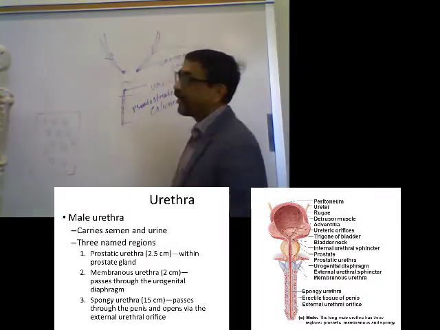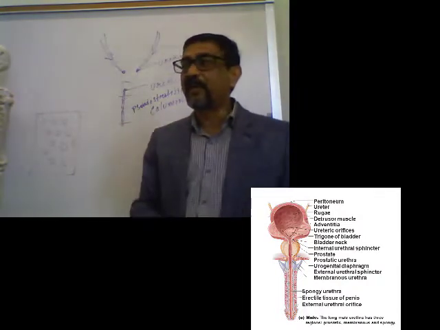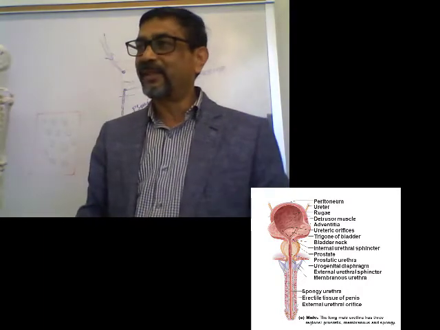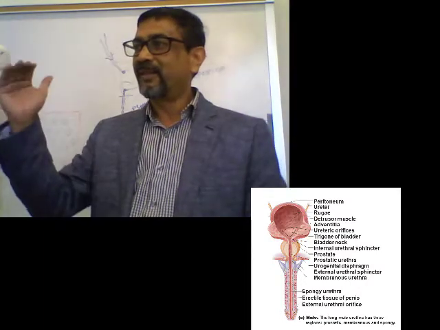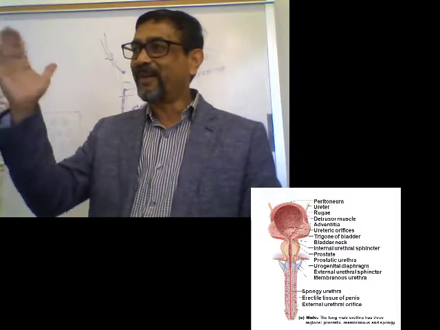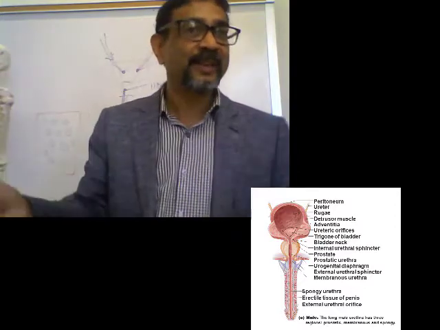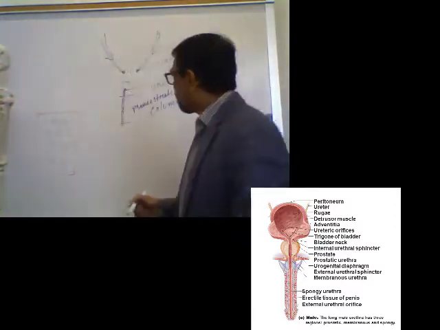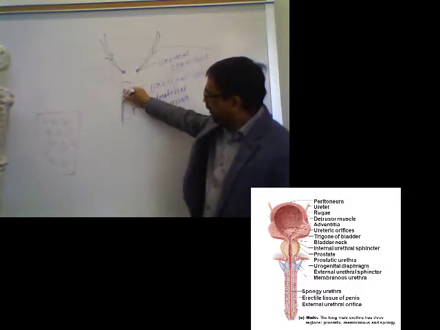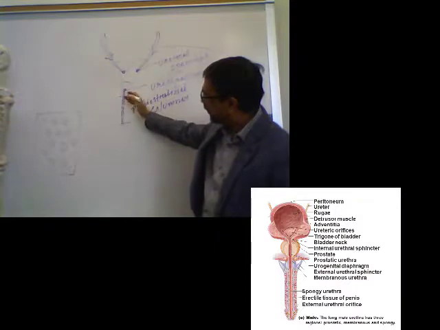Anybody remember pseudostratified columnar cells have what? Something interesting. Cilia, right? Remember that? That's why we say pseudostratified ciliated columnar. And most part of the urethra has pseudostratified ciliated columnar epithelium.